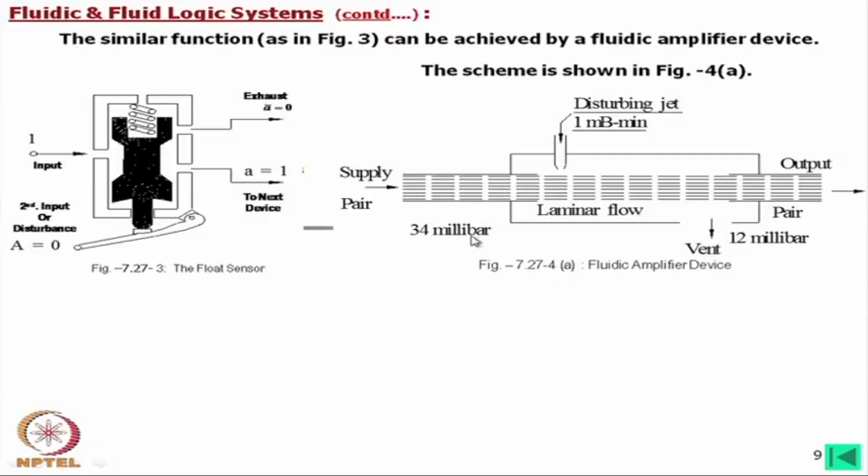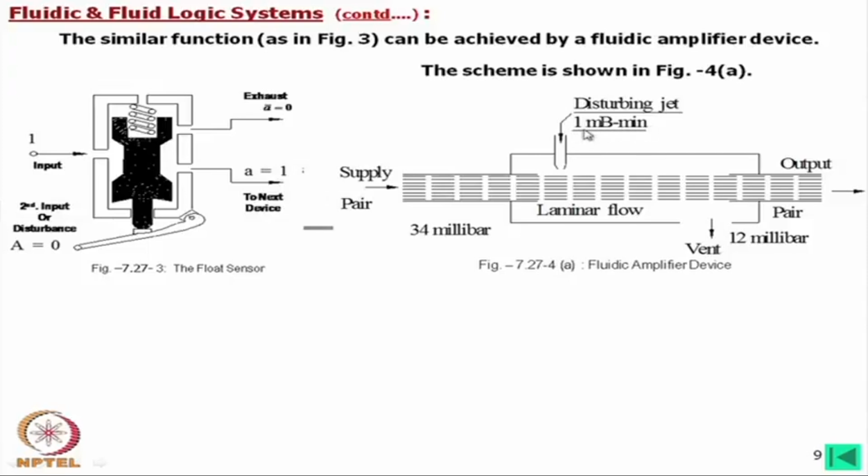Now, look at this pressure, here 34 millibar. 1 bar is equal to 0.1 megapascal, and millibar means divided by 10 to the power 3. So 34 millibar only, whereas this disturbance is 1 millibar minimum.